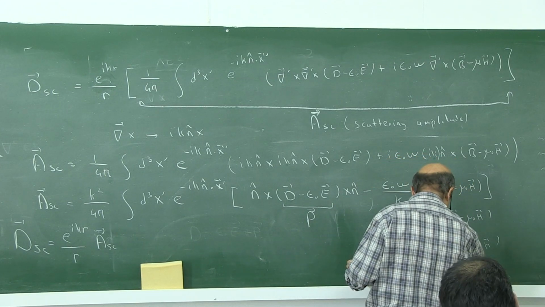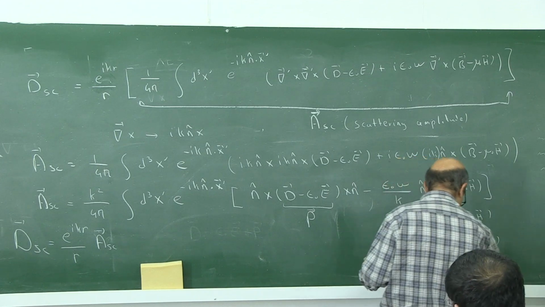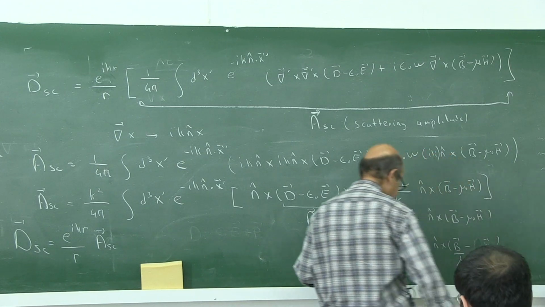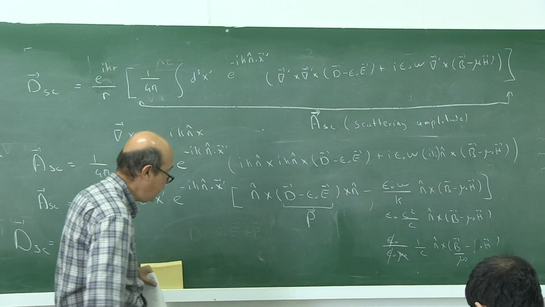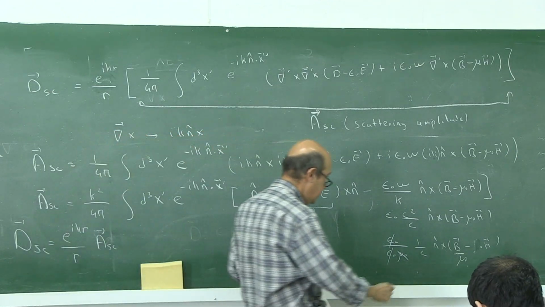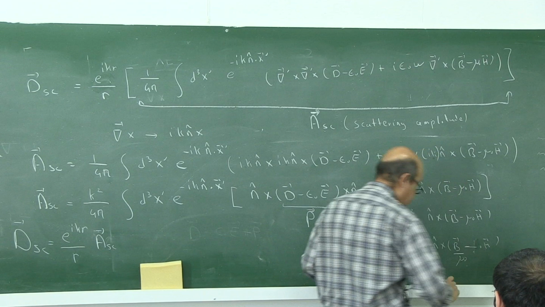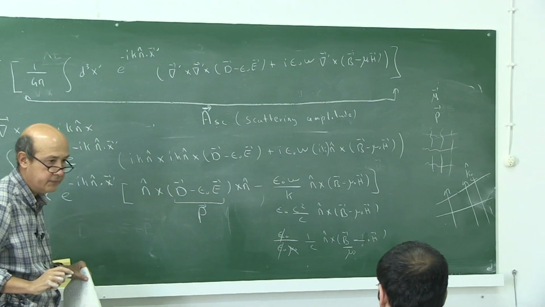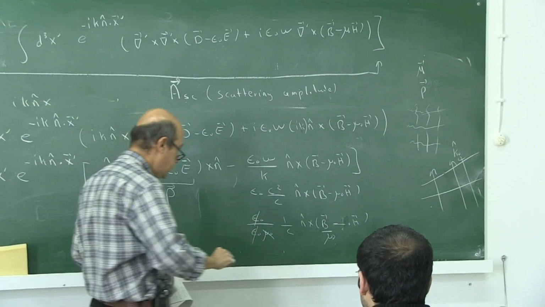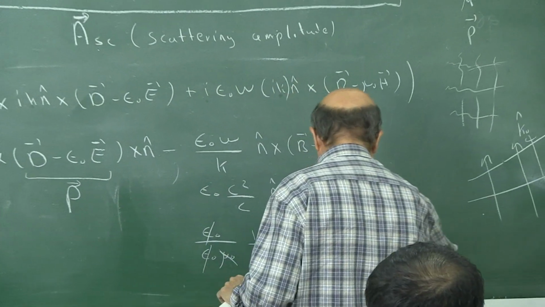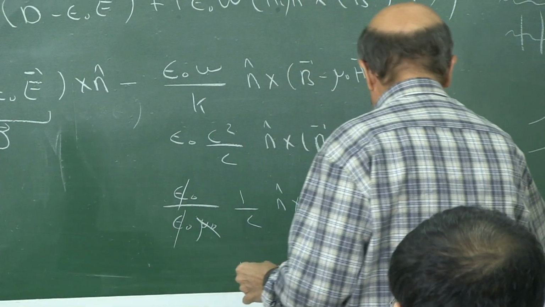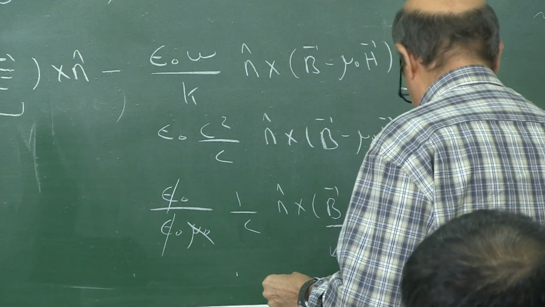This will be mu 0 and that will be H. So I write this, why? Because do you remember this? This is the definition of the magnetization. So this B over mu 0 minus H is nothing but the magnetization.